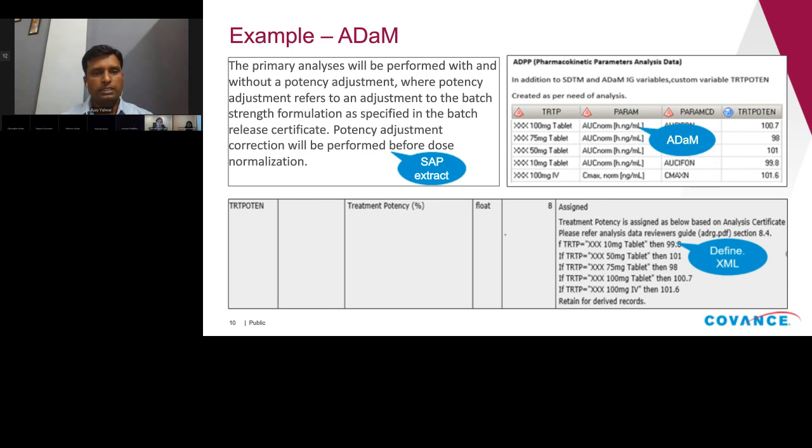Since this information will not be available in the source data, we had to include that for the analysis purpose in the ADaM data sets. Since it was not part of the source data, we had to clearly define that in the define.xml file as shown in the below block.